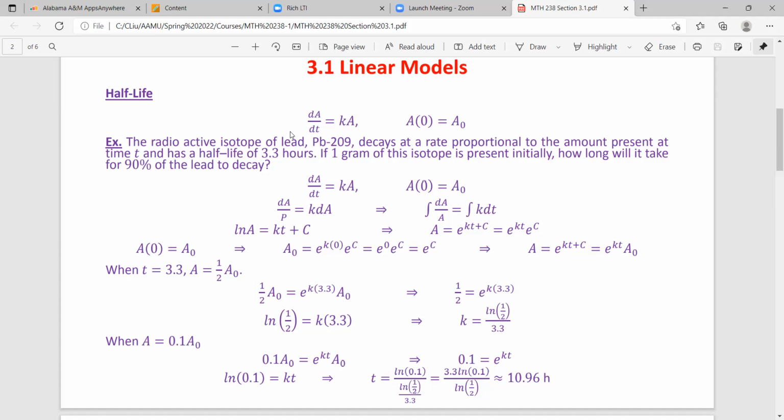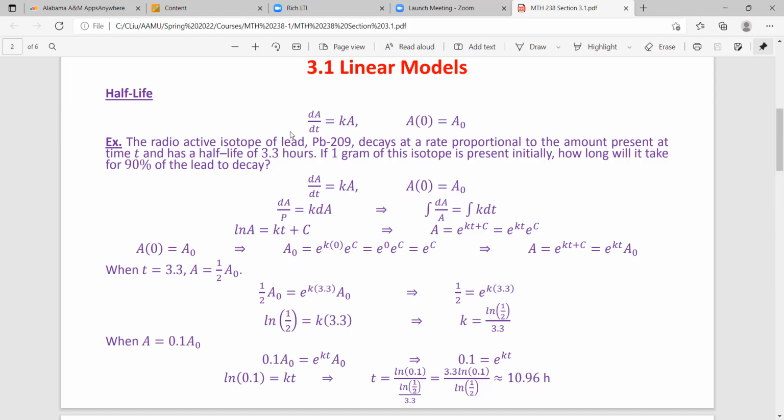Then when you measure the amount after 100 years, it takes another 100 years for the isotope to decay to the half at that time. Okay, so at any time, if you measure the amount of the isotope, it always takes 100 years to decay to its half amount at that time.